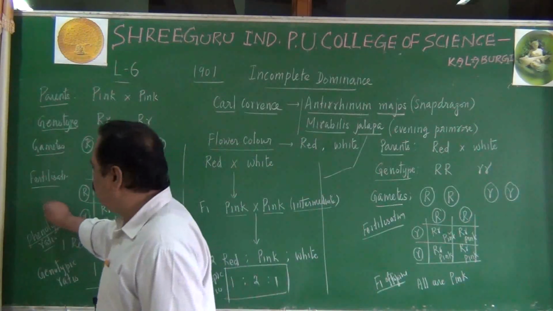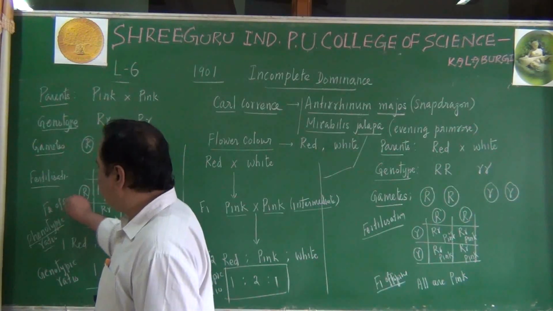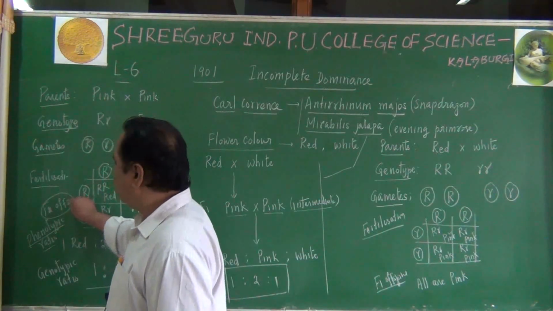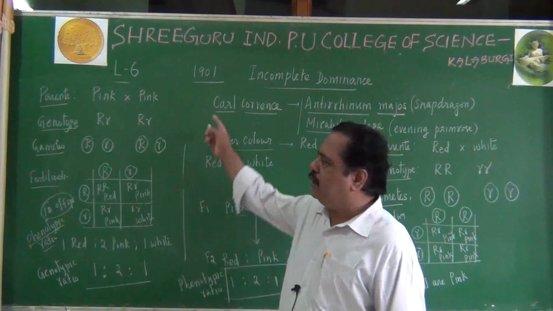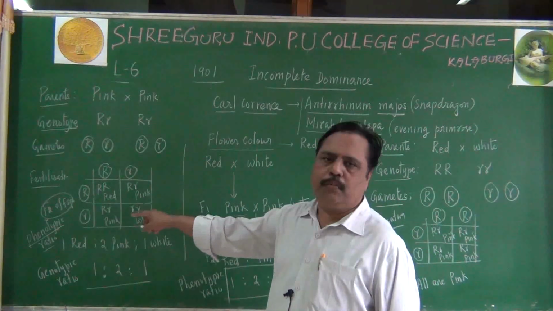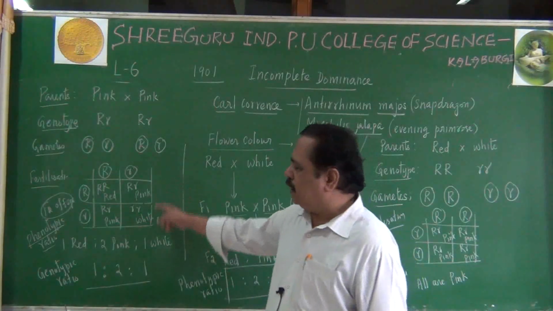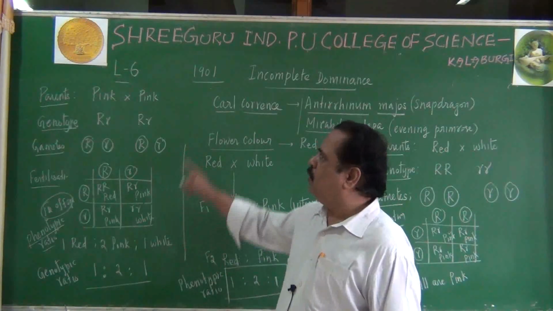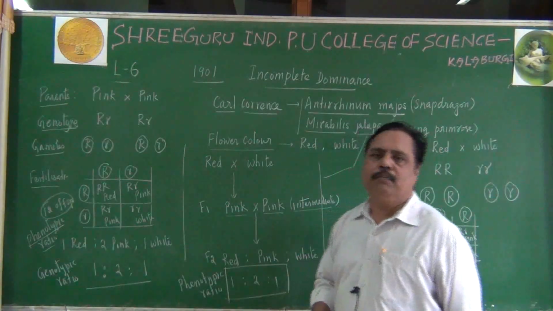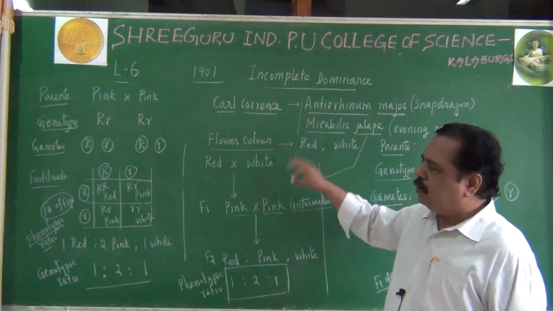This is the F2 offspring. Remember, in a test cross, you are not going up to F2 offspring. In incomplete dominance, we are going up to F2 offspring. Here you are getting the 1:2:1 ratio only during this process: incomplete dominance. I hope you got this point.